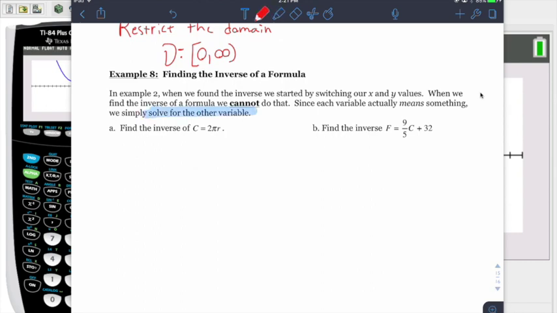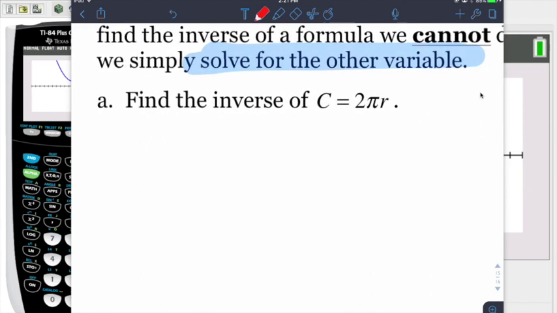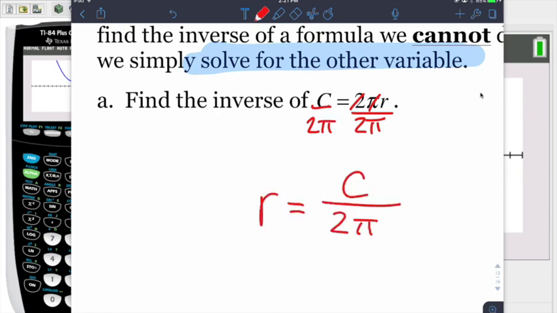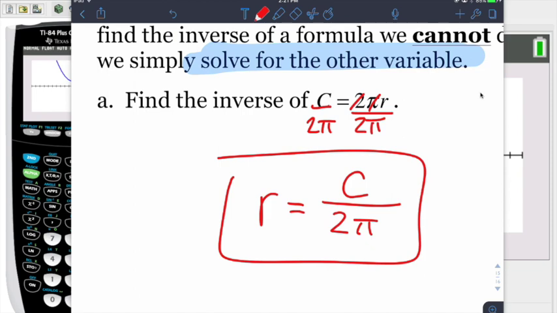That's just the big thing there. So instead of solving for C here, which has C by itself already, we're going to solve for r right here. So we're going to get r by itself. We can do this in one step, real easy here. We're going to divide by 2 and then pi on both sides. So r equals C over 2 times pi. And that's it right there.